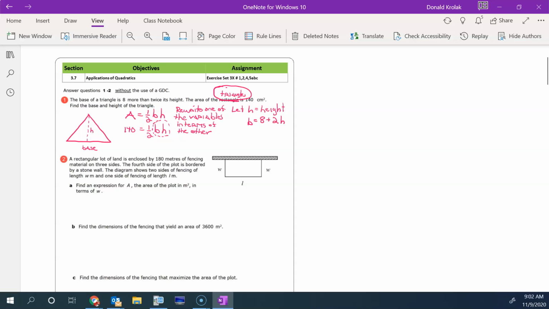Okay, so now what I'm going to do is I'm going to rewrite this. So I've got 140 equals 1/2 the base times the height, which is going to create a quadratic.